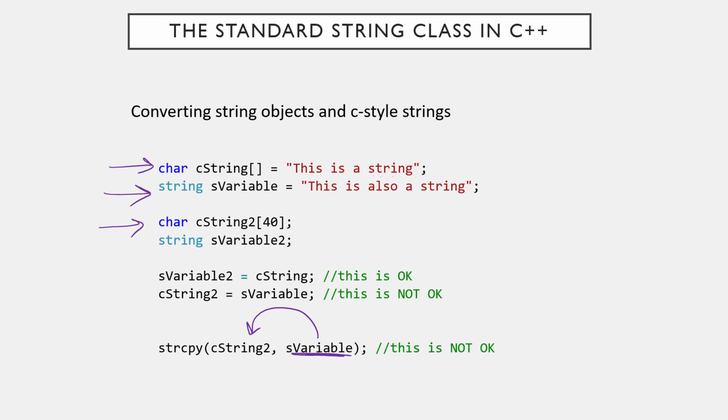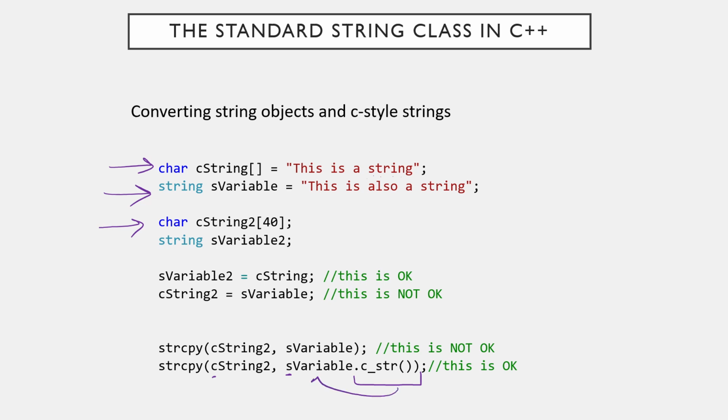So this is not okay and should not work. If you want to copy a C++ string, the S is for C++, the C is for C, to a C style string, there is a function in the C++ library that will convert it to a C style string before copying it over to a C string.